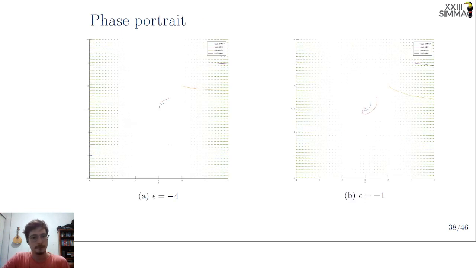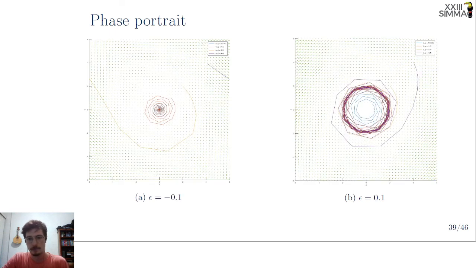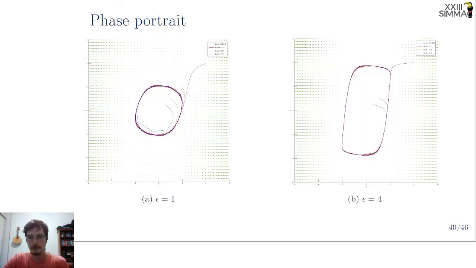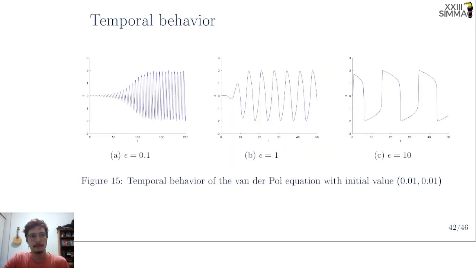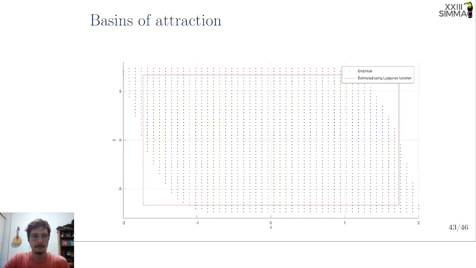The phase portrait for negative epsilon, the phase portrait for positive epsilon, for epsilon equal to 0, temporal behavior, and the two basins of attraction, one estimated using the Lyapunov function and another obtained empirically using Octave.